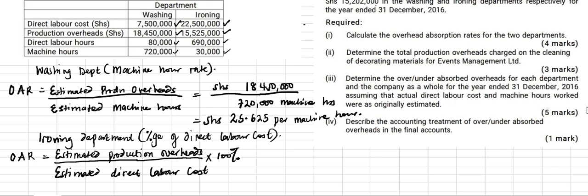So how do we get the overhead absorption rate? This will equal the production overheads in the department, 15,525, over the labor cost in that department, which is 2,500, then times 100%.